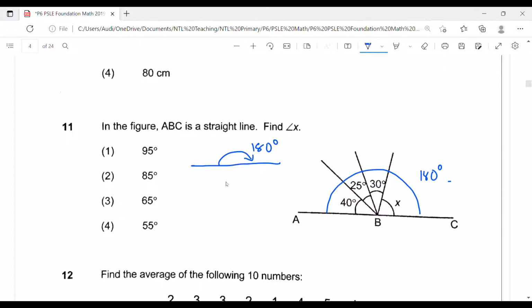So to find x, we just take the total, which is 180, minus 40, minus 25, that's 115, and then you minus 30. 115 minus 30.